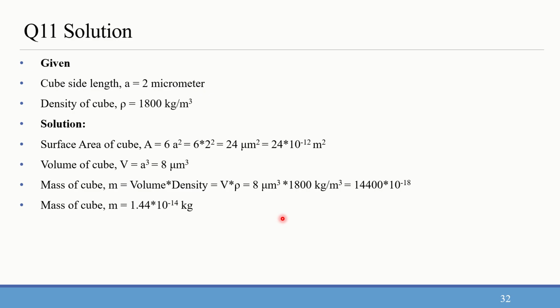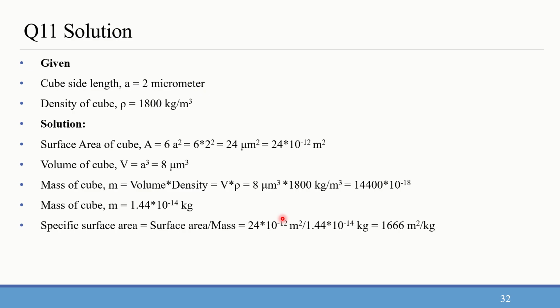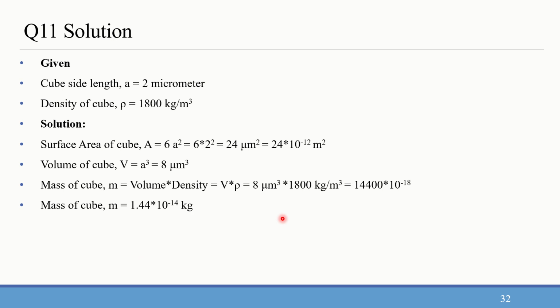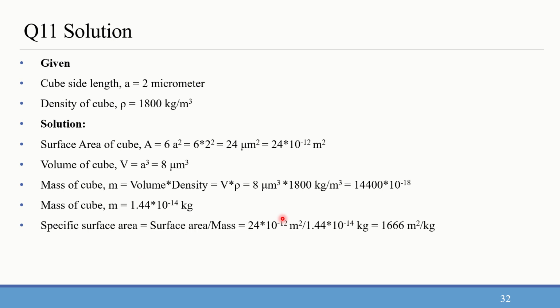Now the specific surface area of the cube is given by surface area of the cube divided by the mass of the cube. So surface area is 24 into 10 power minus 12 meter square, divided by mass of cube, 1.44 into 10 power minus 14.